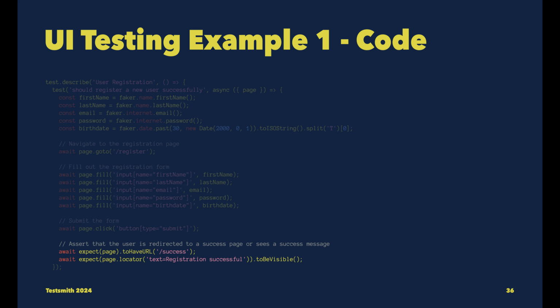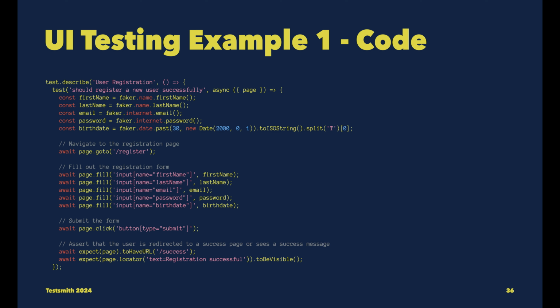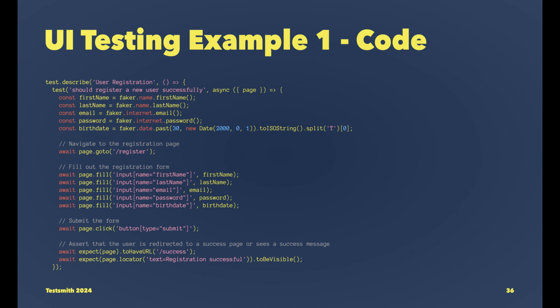These lines define the assertions to verify that the registration was successful. The test expects the page URL to change to success, indicating that the user has been redirected to a success page. Additionally, it verifies that a success message, "registration successful", is visible on the page.